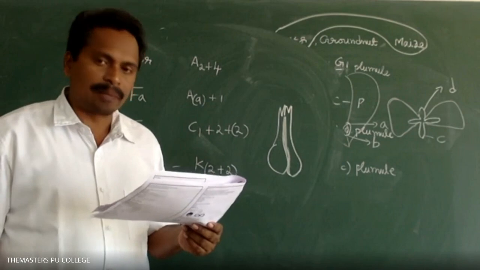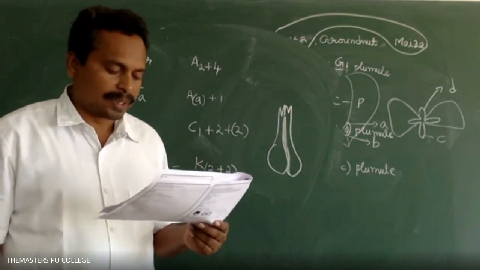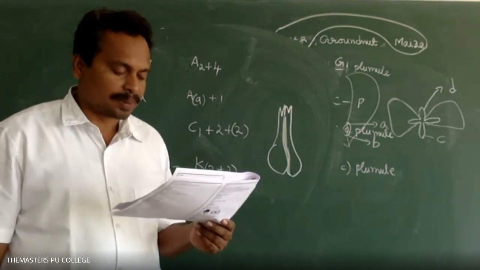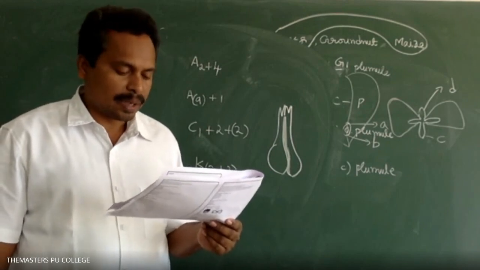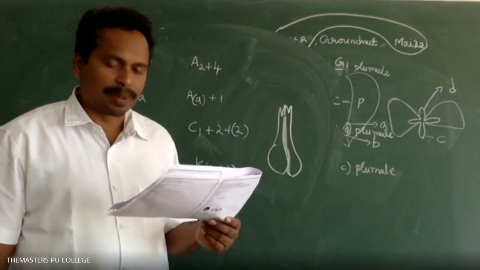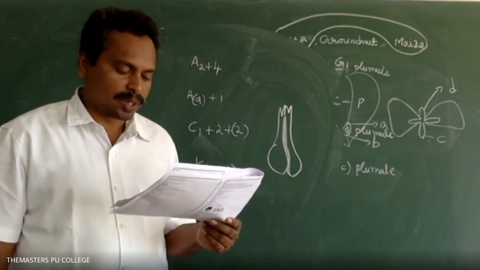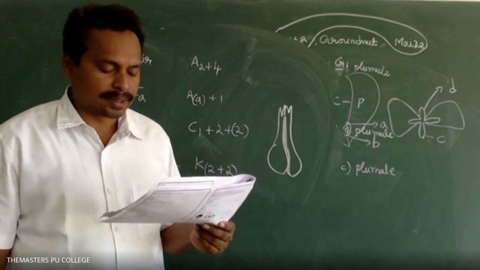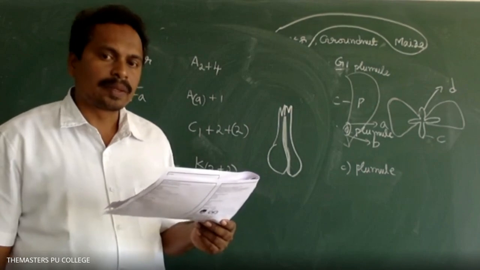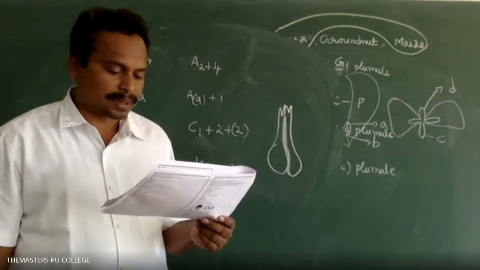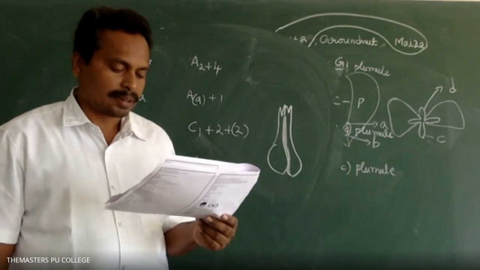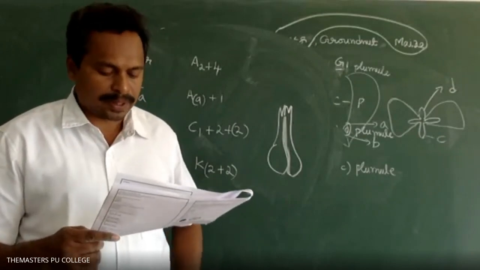The seeds of Fabaceae are: option 1 monocarp, non-endospermic; option 2 dicot, non-endospermic; option 3 dicot, endospermic; option 4 monocarp, endospermic. What is the answer? Very good. Dicot and non-endospermic. Second option is the correct answer.